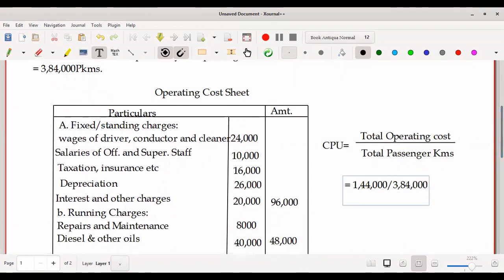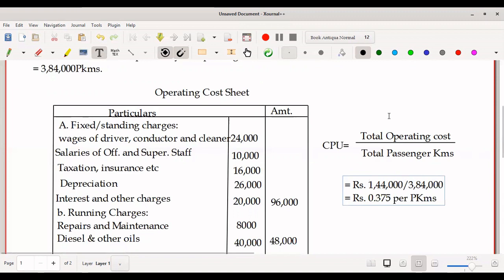That will be rupees 0.375 per passenger kilometer. This is how we calculate it.